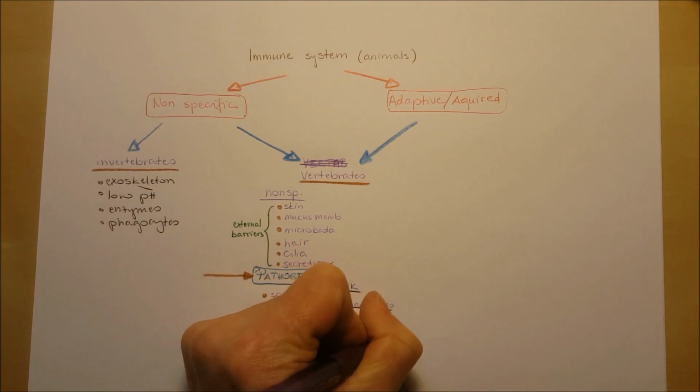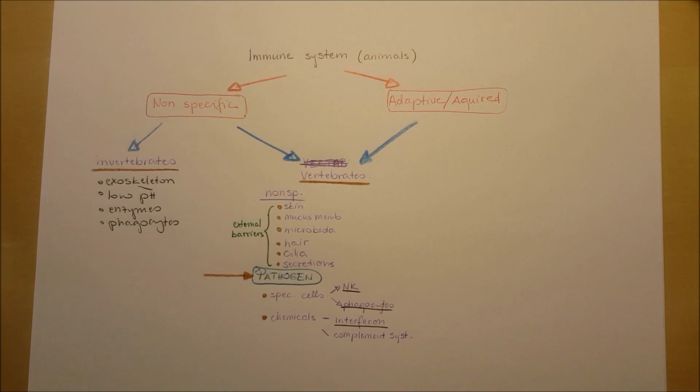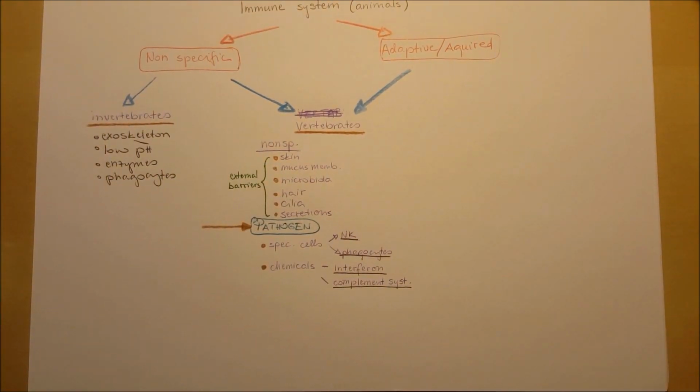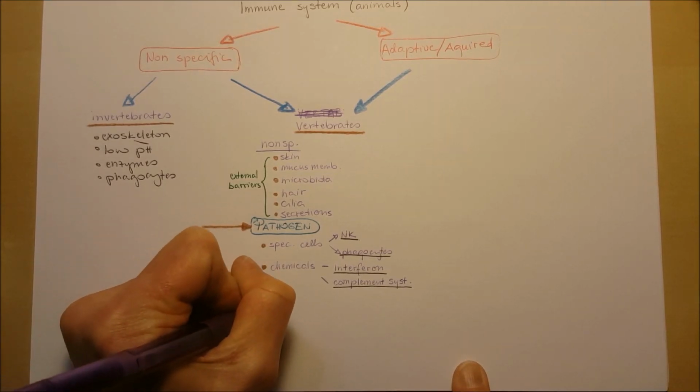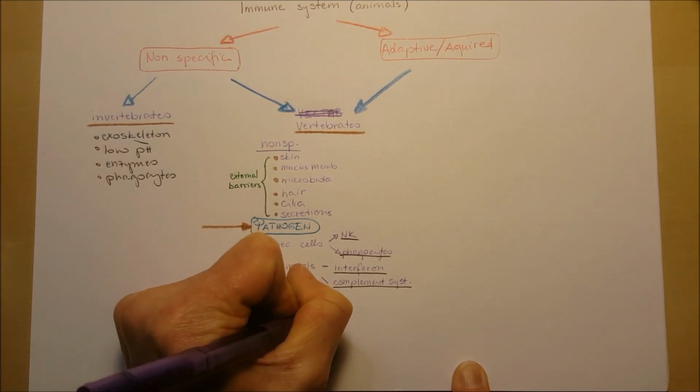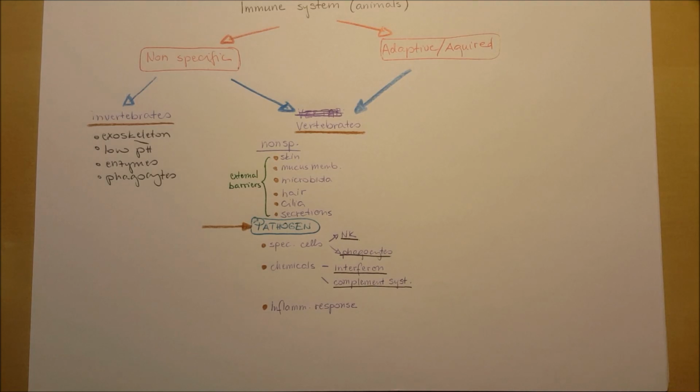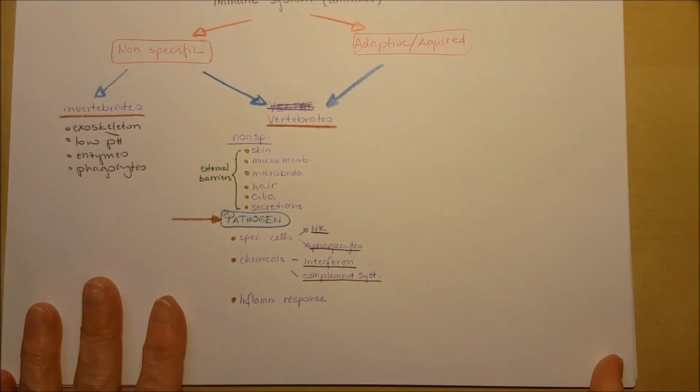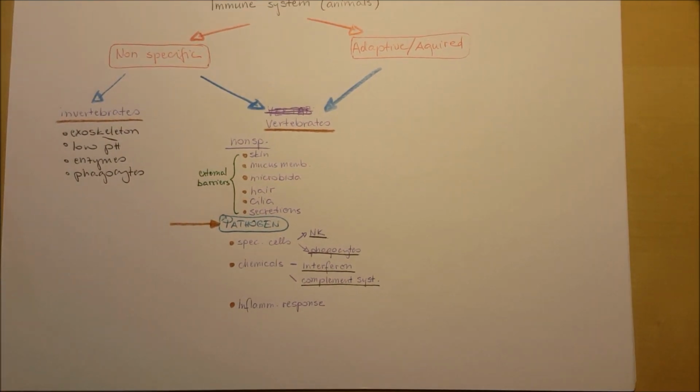This is a bunch of chemicals that work together with other defense mechanisms, and they complement the other immunity, the non-specific as well as specific. And the last one, when the pathogen comes and still non-specific, is the inflammatory response, the inflammation.